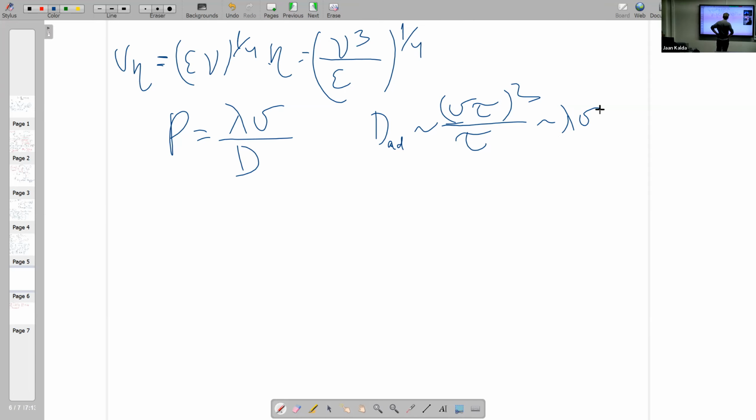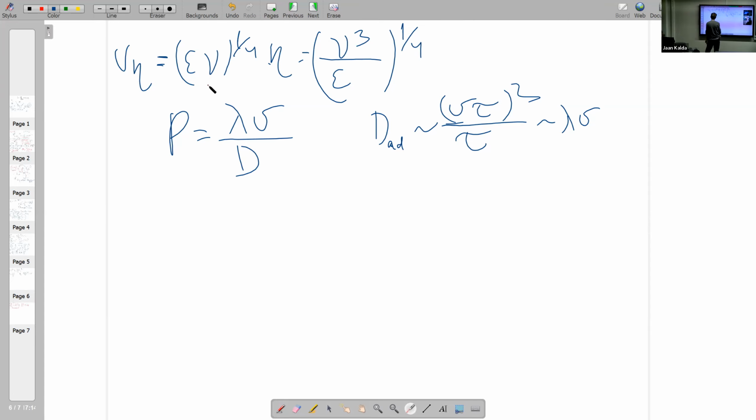Now, as you can see, what I need is the product of the scale and the speed. Let us take the characteristic Kolmogorov microscale for length and for the velocity, and multiply them together. You can see that epsilon goes away from the product, and nu goes to the power 4/4, which is 1.